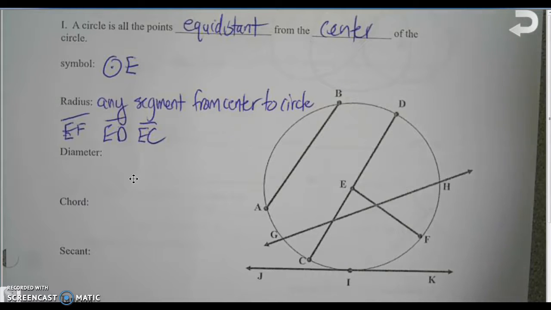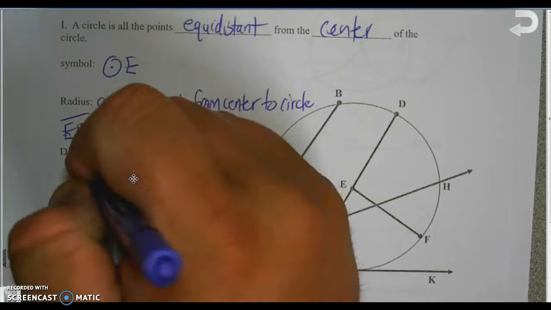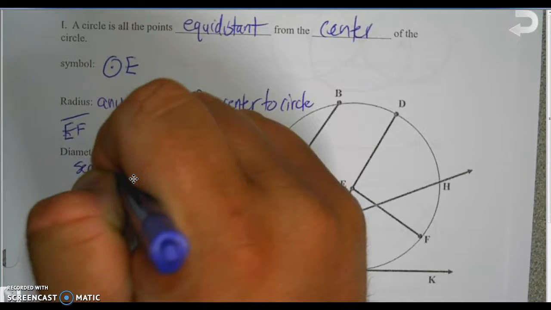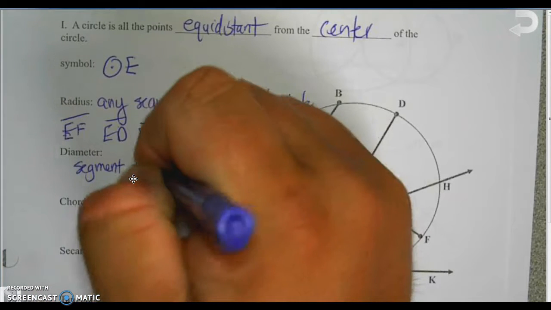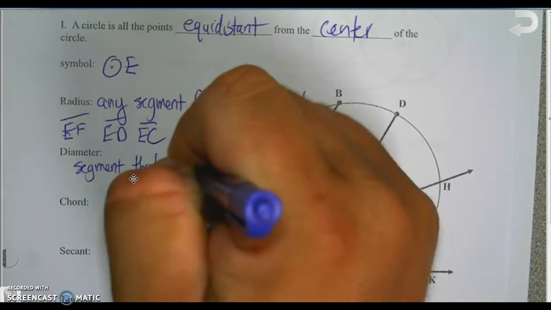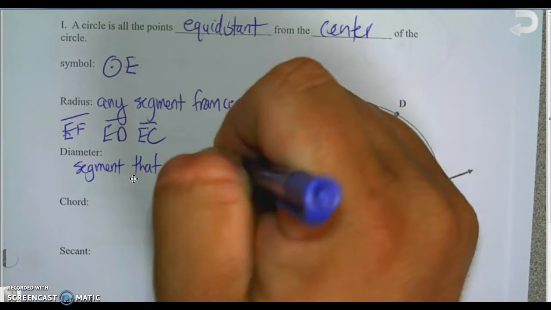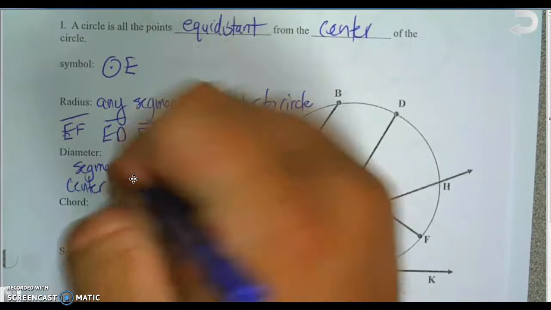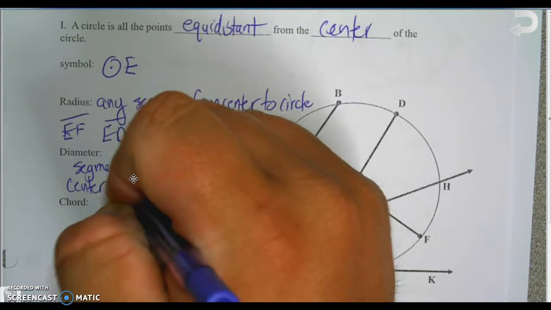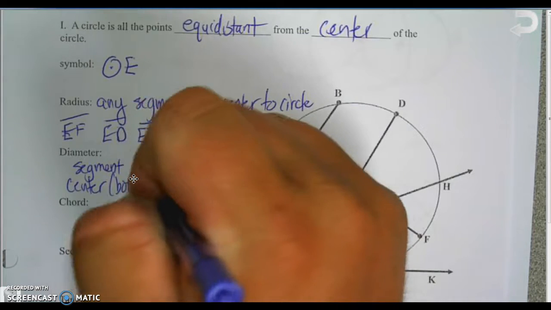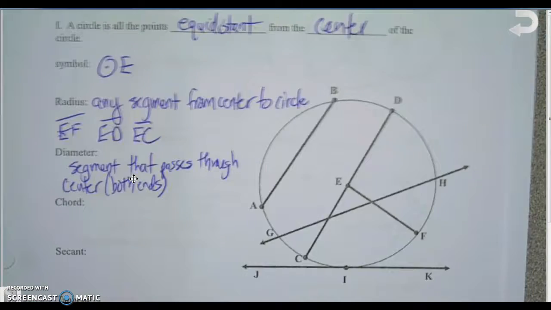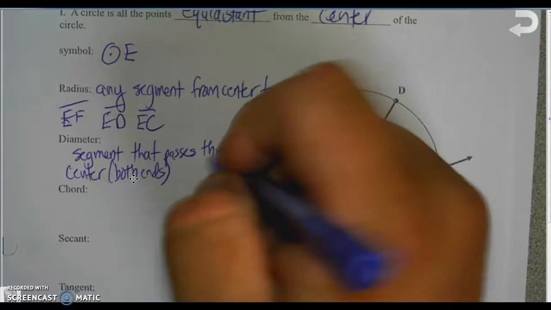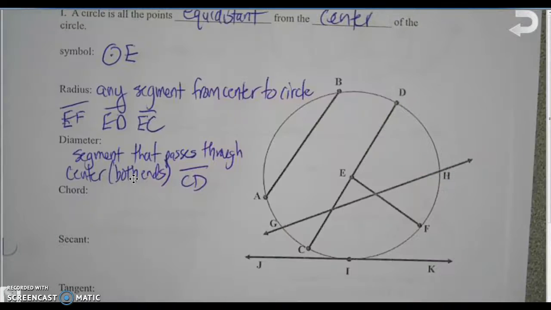A diameter is a segment that passes through the center, goes end to end, and touches both ends. And so our diameter in this circle is CD.